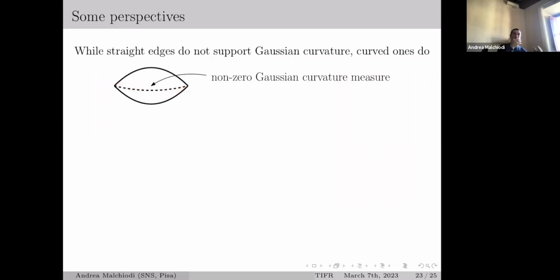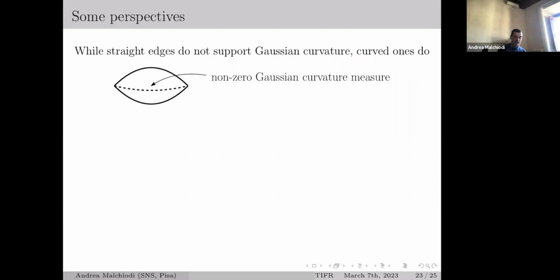So for example, you can think of considering two spherical caps and joining them together. Okay, so this will be still a topological sphere, but the Gaussian curvature on the two caps doesn't match 4 pi, which is given by the Gauss-Bonnet formula. Therefore, it means that the curved wedge must actually carry some measure type Gaussian curvature.